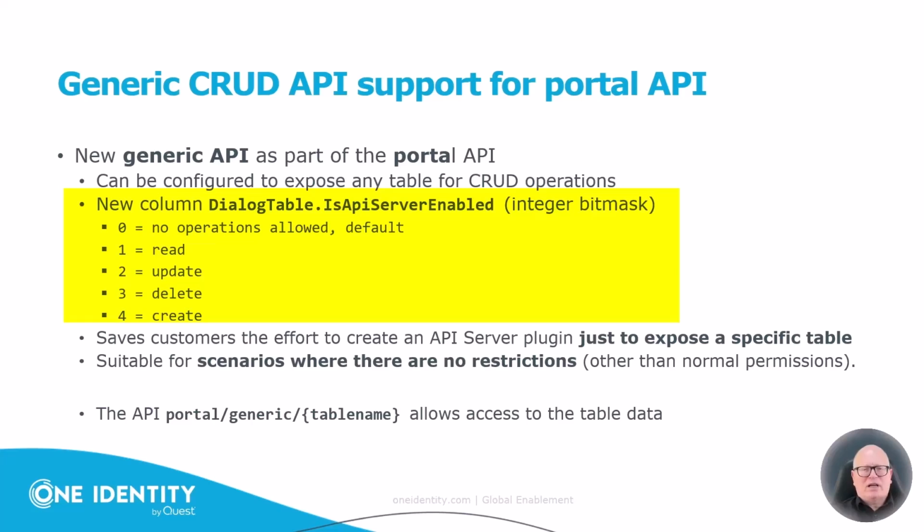And then you can just go down the chain and say read, update, delete, and create. Every one of these higher actions, like create for example, includes all the others. This is the easiest way to get an endpoint. You see, by the way, the endpoint at the end of the page: portal, generic, and then the name of your data structure, your table, to access it.